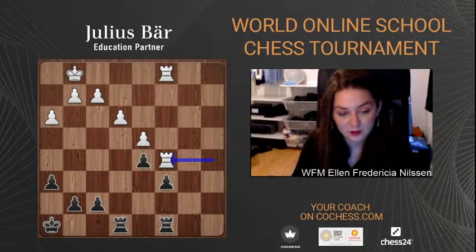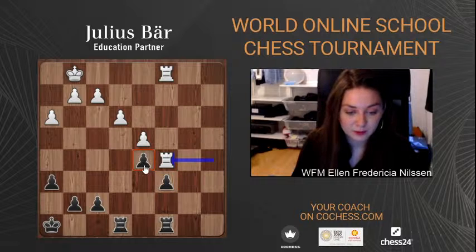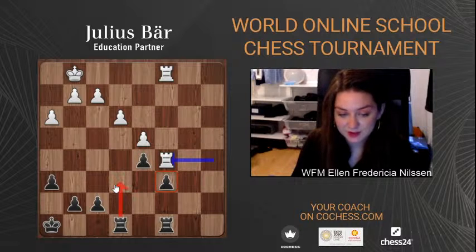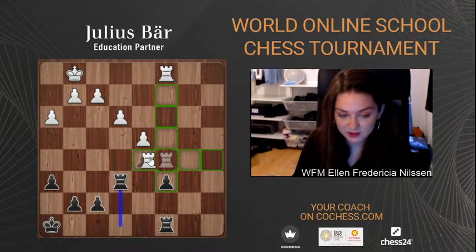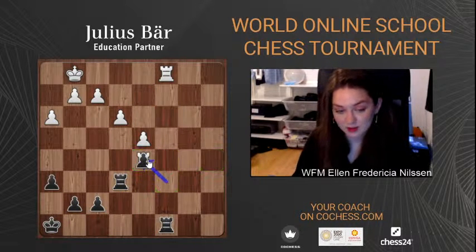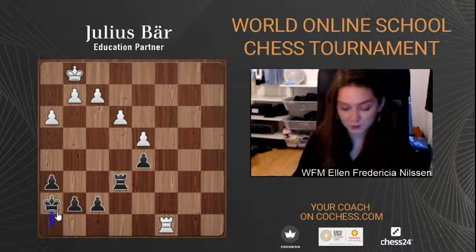And I cannot protect c6 and d5. The only way for me to protect c6 is by playing rook e6, but then the same thing happens as before. Then he can take on d5 as my rook on c8 is no longer protected. And this rook endgame is winning for white.